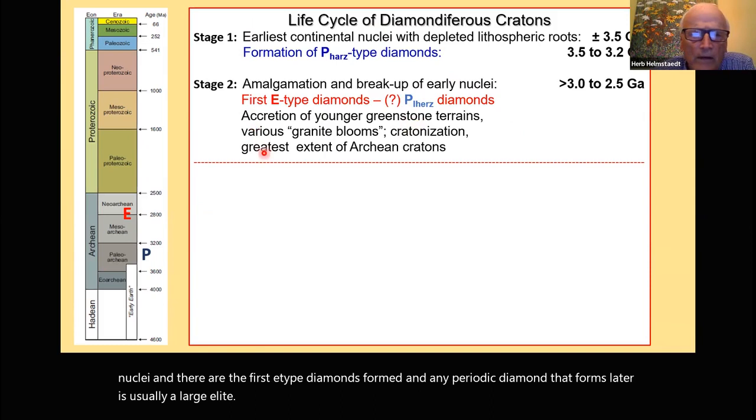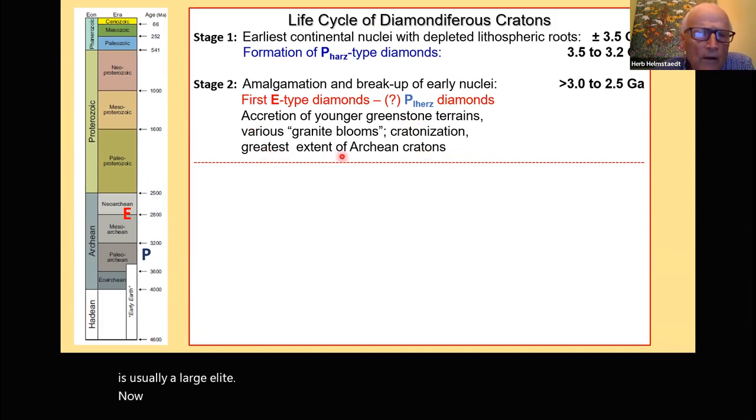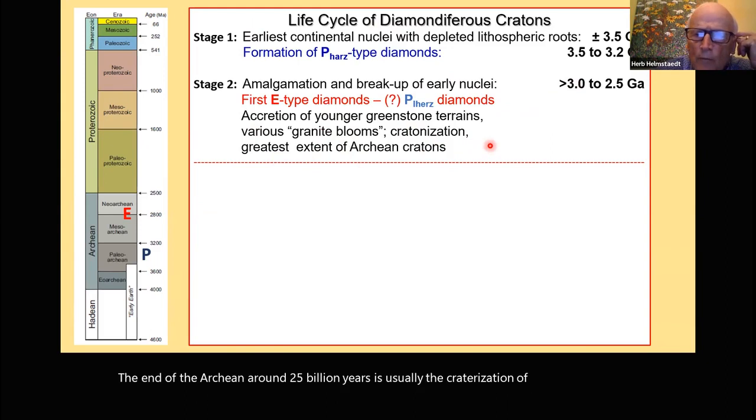Now, the end of the Archean, around 2.5 billion years, is usually the cratonization of most cratons. Kaapvaal is different, as we will talk about.